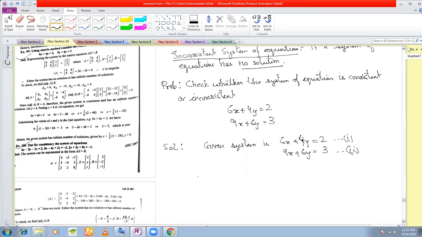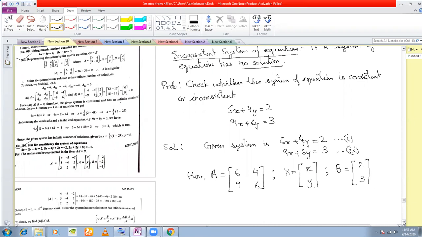We construct our matrices again. So here, what is A? Matrix A here is [6, 4; 9, 6]. X here is [x; y]. And B here is [2; 3].